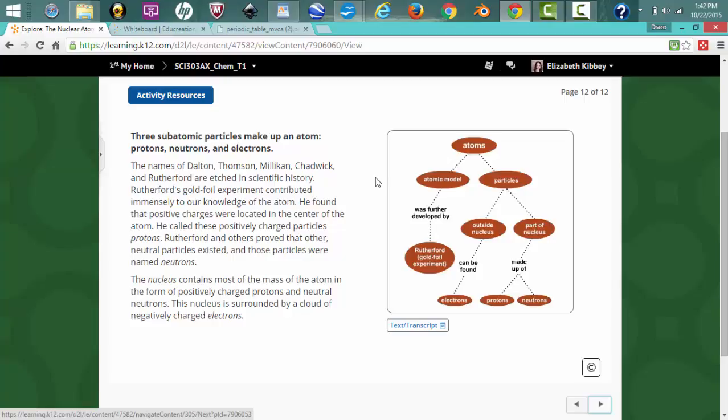He found that positive charges were located in the center of the atom. He called these positively charged particles protons. Rutherford and others proved that other neutral particles existed, and those particles were named neutrons. The nucleus contains most of the mass of the atom in the form of positively charged protons and neutral neutrons. This nucleus is surrounded by a cloud of negatively charged electrons.